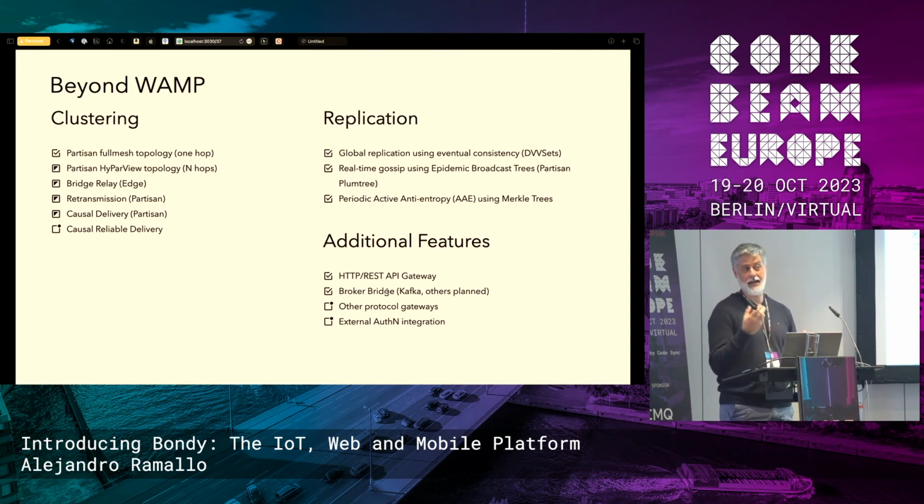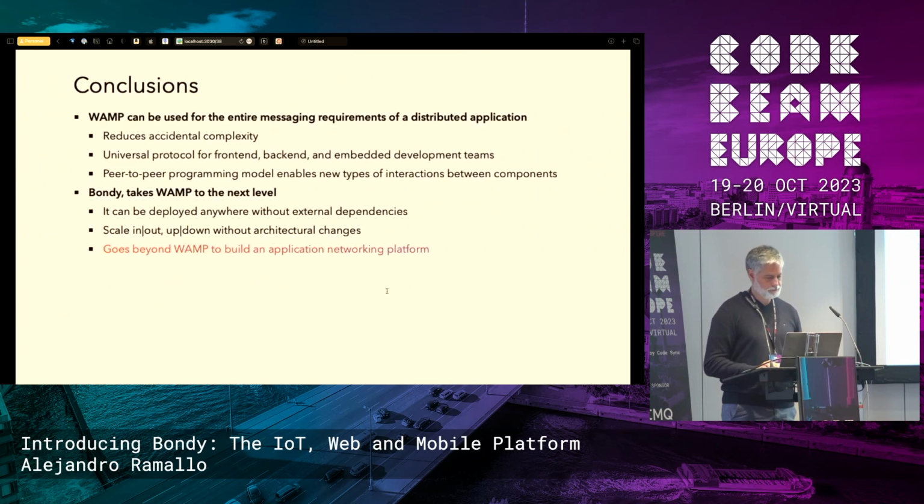So if I add MQTT, CoAP or Stomp, then all the integrations are facilitated, but your developers can still use WAMP across all the existing ecosystems that you have. We're also planning to support external authentication. So if you want to keep the authentication database outside of Bondy, using Postgres or a cloud server, you will be able to do that.